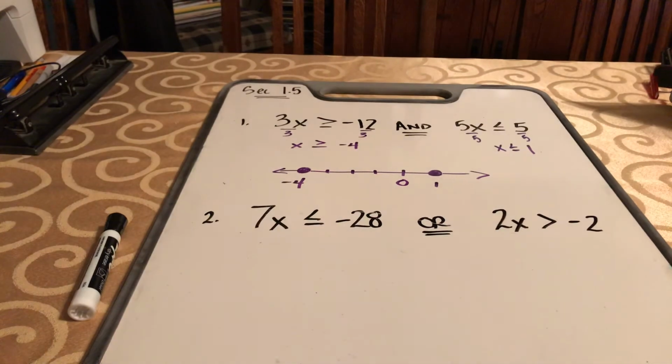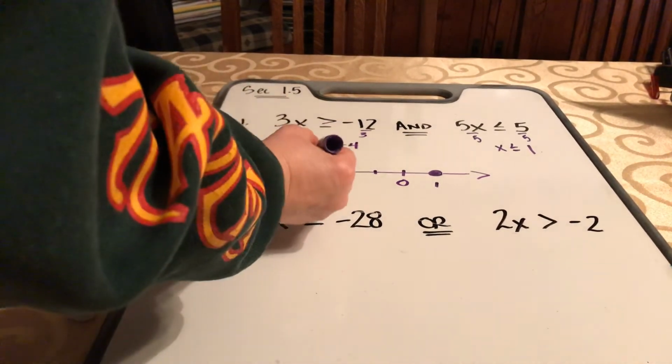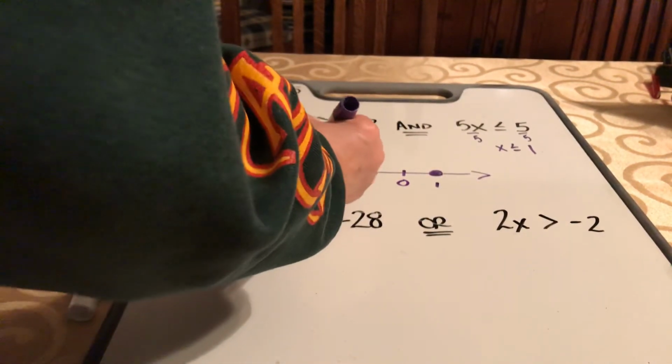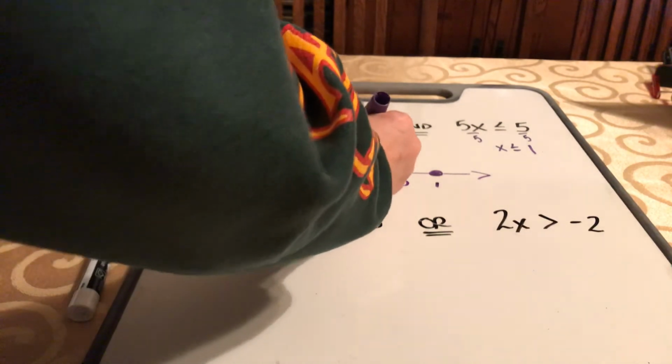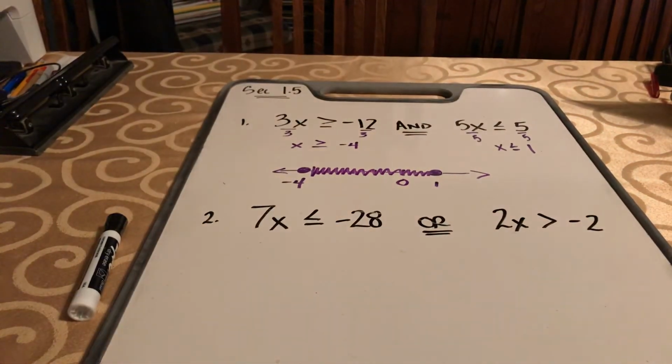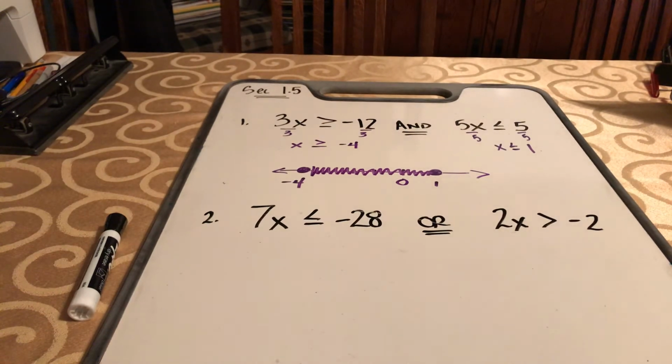For an and problem, it has to satisfy both. So it has to be greater than negative 4 and less than 1. In an and compound inequality, your number line usually looks like this, with a shaded section between your two solutions.